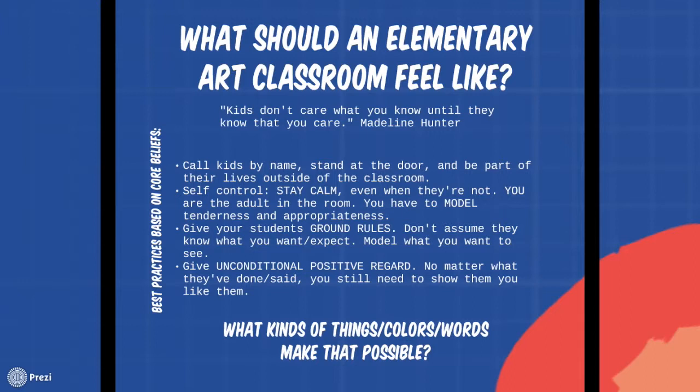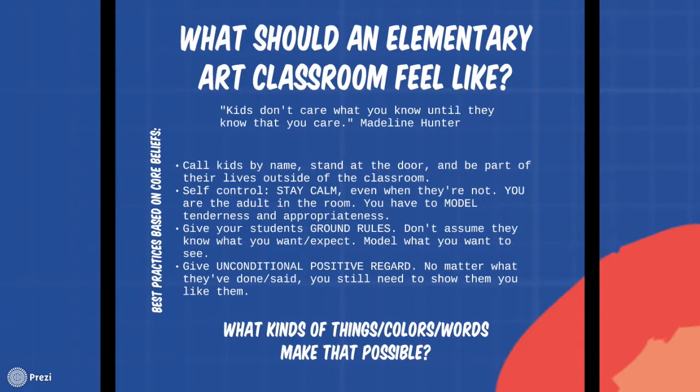And behavior is influenced by space and how well students feel in that space. Madeline Hunter, a curriculum theorist, said kids don't care what you know until they know that you care. And if we aren't comfortable in our space and if we don't feel in control, the students are going to know that and they're going to feel that.